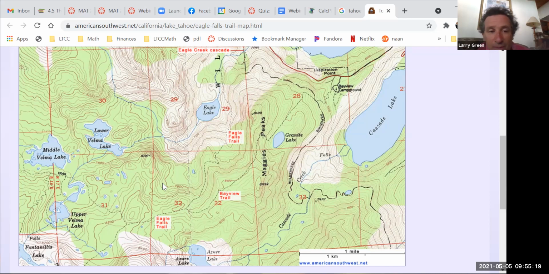Okay, so I'm at a point. Not where is the steepest on this whole map, but if you're standing at this point in Desolation Wilderness and you're looking at your map and you want to take one step that is the very steepest uphill, how do you know what direction to go?